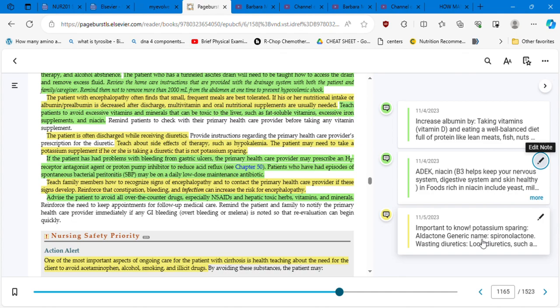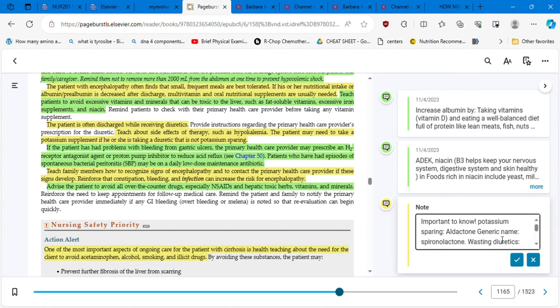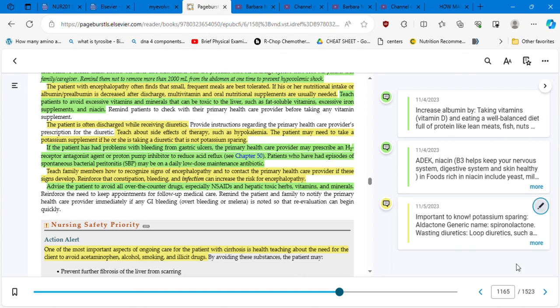It's very important to know your potassium-sparing medications, your Aldactone, your spironolactone, and your wasting diuretics, loop diuretics such as furosemide, Lasix, and thiazide diuretics such as hydrochlorothiazide, Microzide. Make sure to know your sodium and potassium levels so you have full control of this.